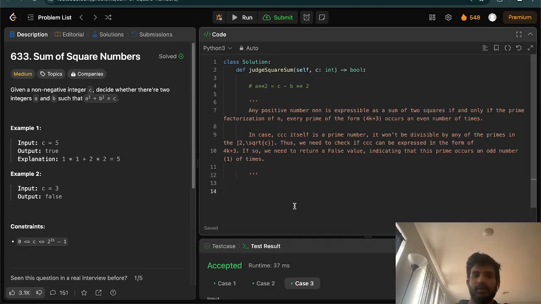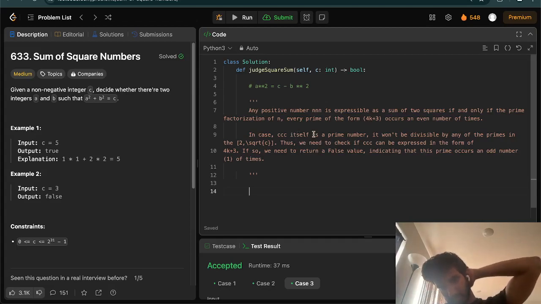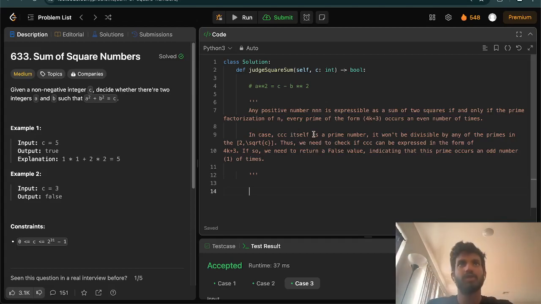So I'm going to use the solution to come up with a better one.